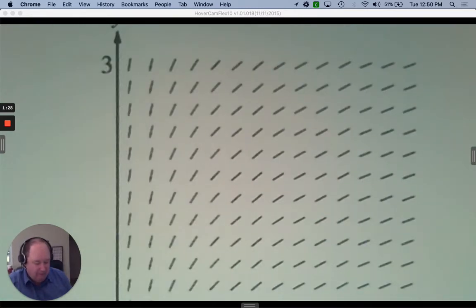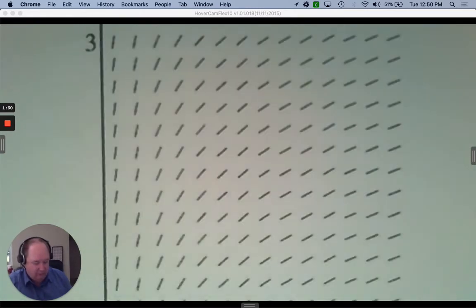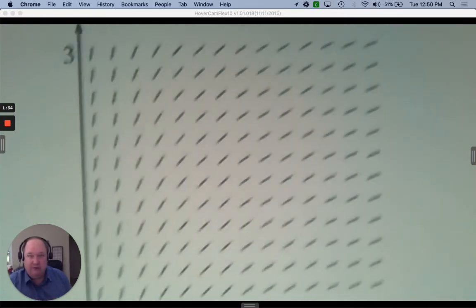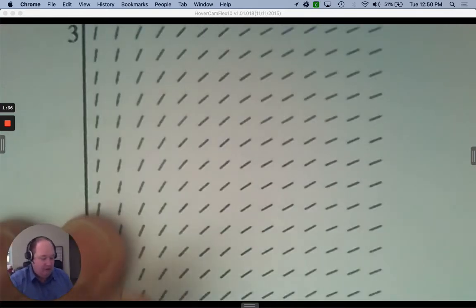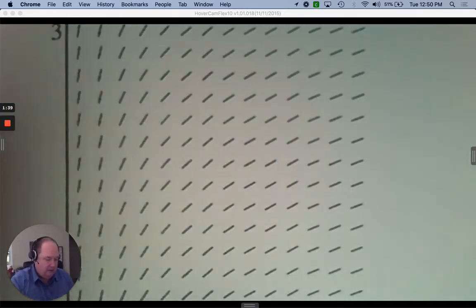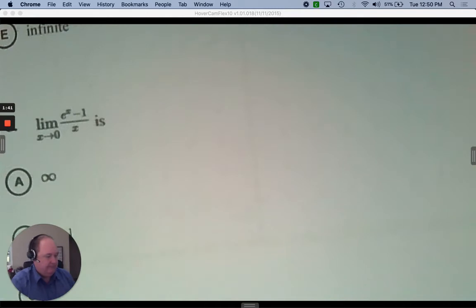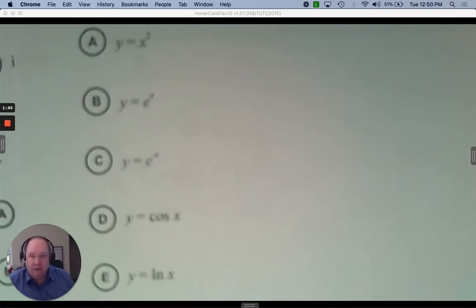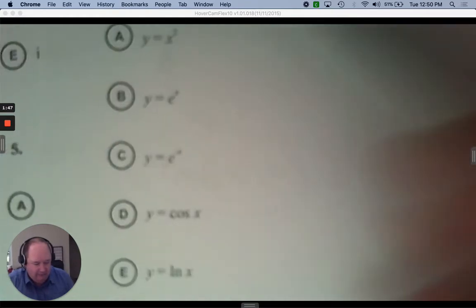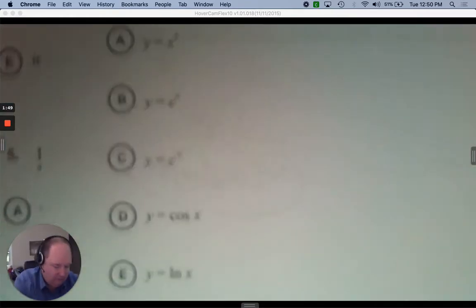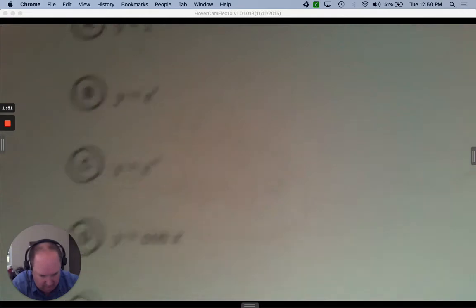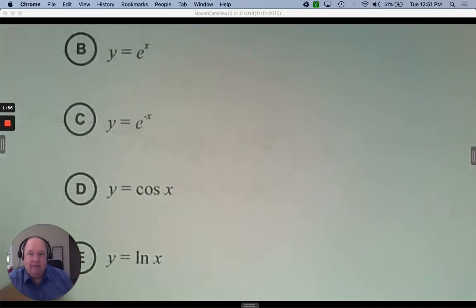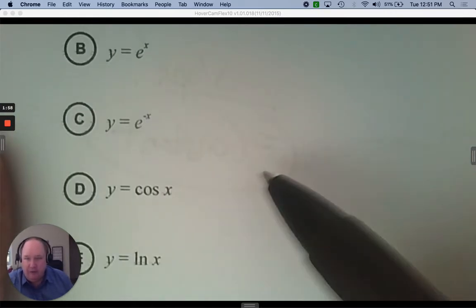The slope field for a certain differential equation is shown above. Which of the following could be a specific solution to the differential equation? So, if I look at all of these, what I'm going to do is recognize that for these solutions, I'm going to know what the curve looks like.